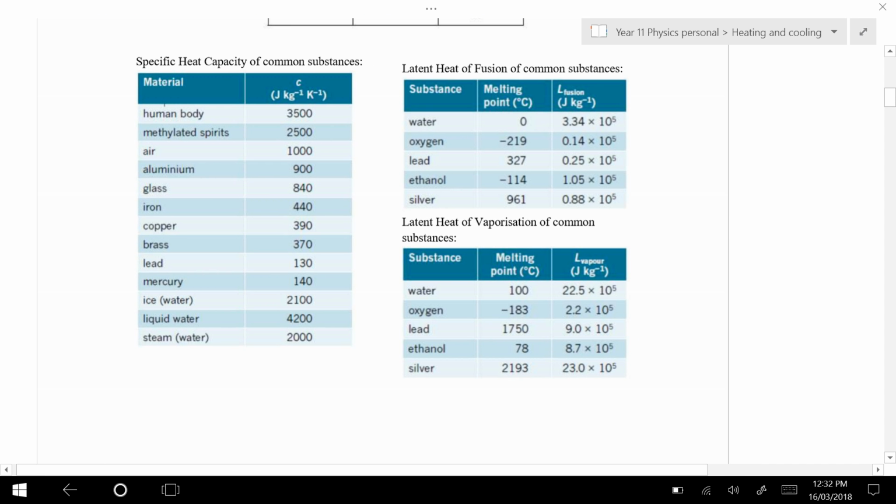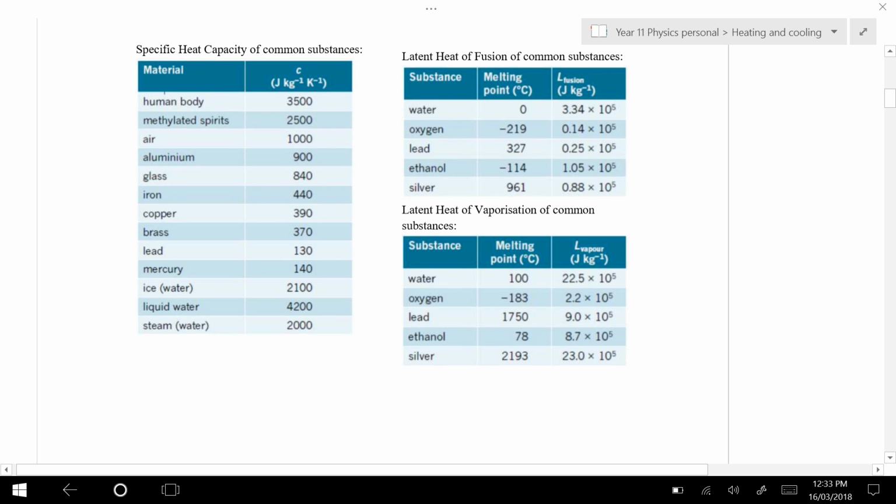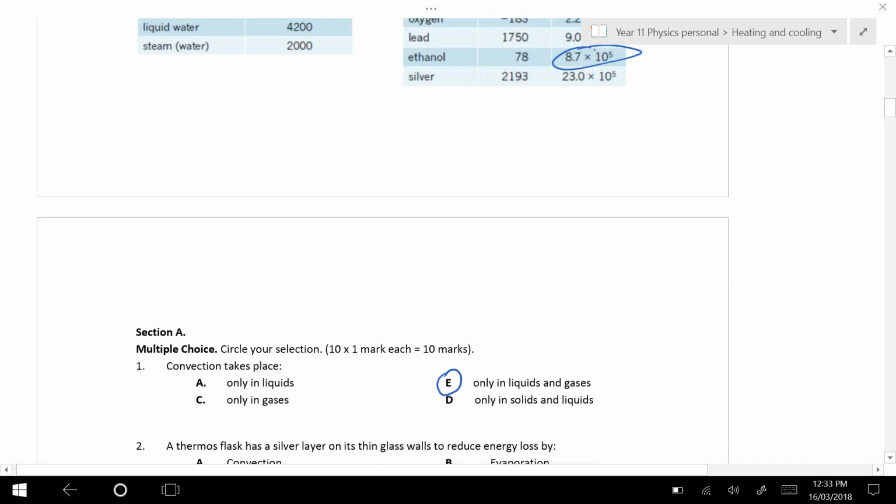It says that the boiling point is 78 degrees. That's nice and easy for us, because we don't need to consider the change in temperature and have two calculations. The latent heat of vaporization, though, is 8.7 by 10 to the power of 5. So we need to go ahead and use that.